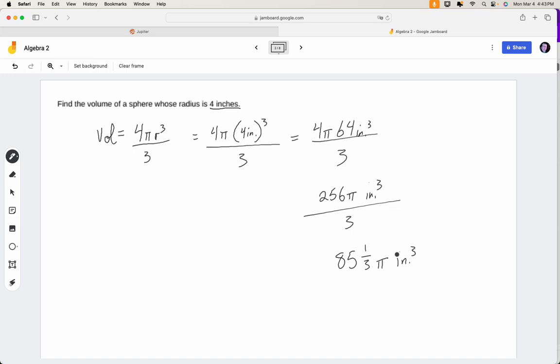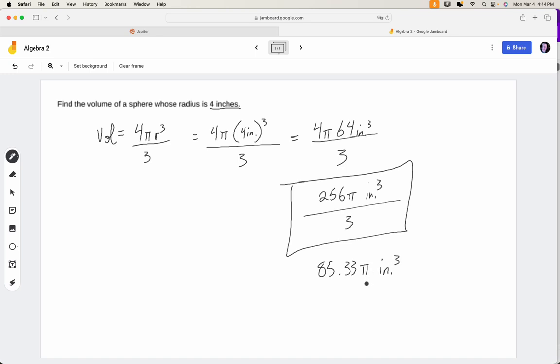Let me see what the actual answer is. Okay, so because it won't divide evenly, you have a couple of options. So it doesn't want the answer like this. It wants it like this. So you can put it in just like this because it doesn't divide evenly, or you could put it in as 85.33 pi inches cubed.